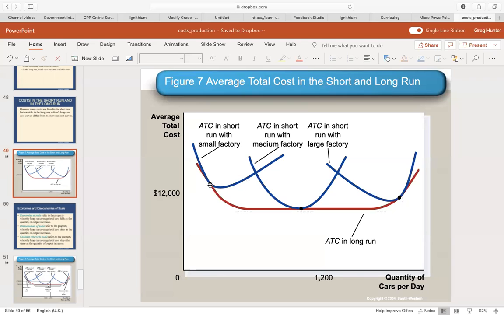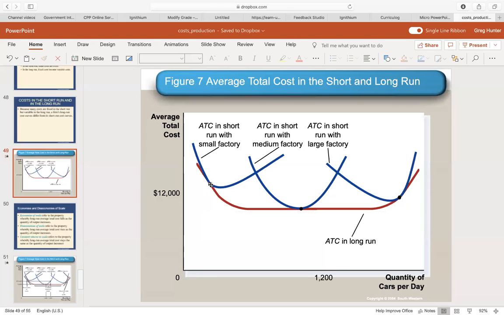Notice that the short run average total cost curve actually has a point on it that's lower, an efficient scale, that's bigger than the tangency point. But all this analysis is saying is that if I was going to produce 150 units, I couldn't choose any other factory size to give me a lower average cost than the small factory.